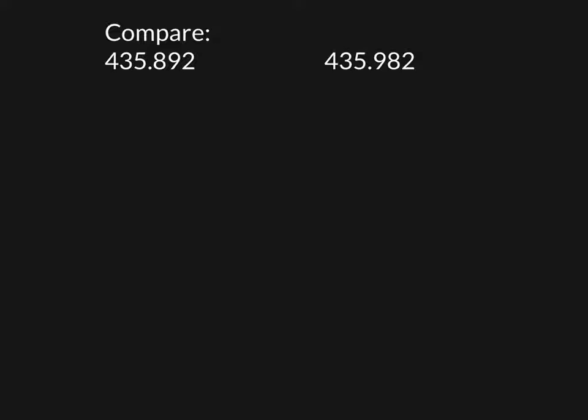Okay, so the important thing about comparing numbers is to keep the places lined up, which is why I've been encouraging you to use a place value chart to do this. You could draw a place value chart if you wanted to, but the important part really is to just make sure that you keep those decimal points lined up.